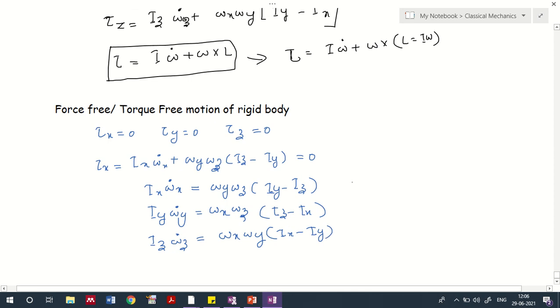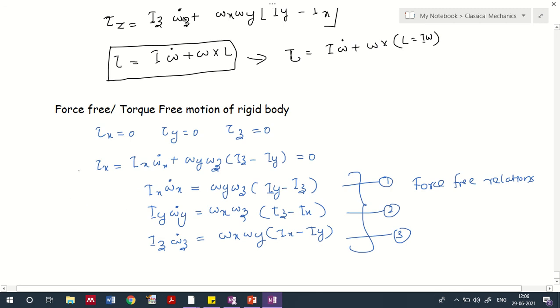So we'll be getting a relation. We have three equations: the first equation here, the second this, and this is the third equation. And these three equations we used to call force free, or rather torque free relations of motion of a rigid body.